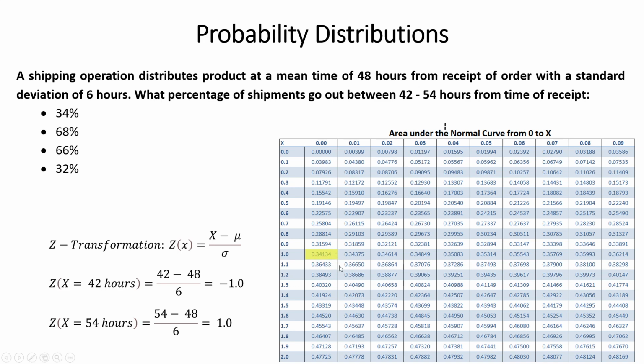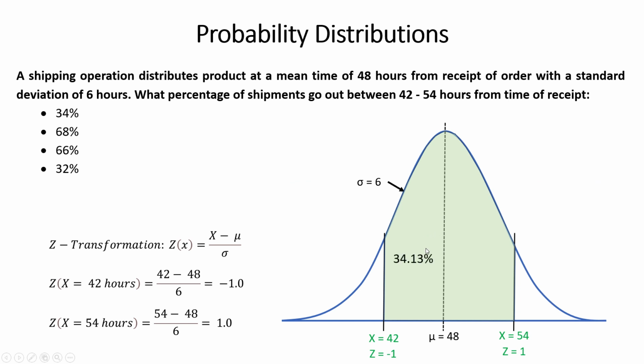Now let me show you what this looks like graphically. So the way this table works is that number that you saw, that 0.34, represents the area under the distribution from the mean value to our Z-score. So from the mean to z equals -1 is 34.13%. And then on the right side, from our mean value to our +1 z-score is another 34%.